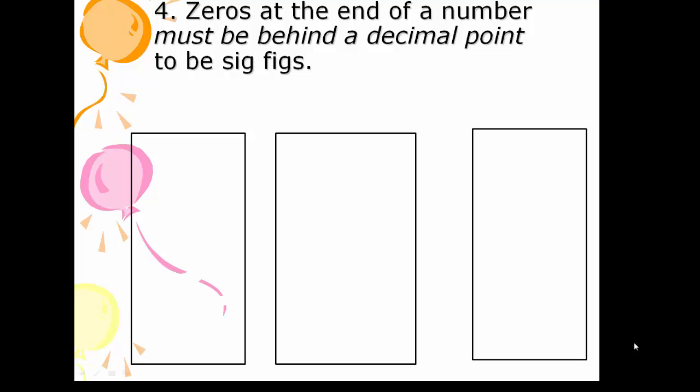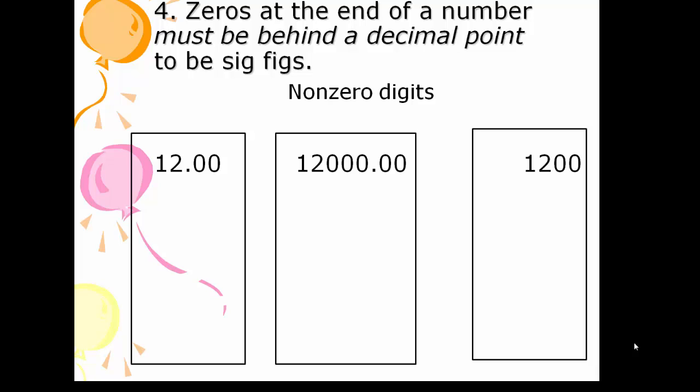Rule number 4 says that zeros at the end of a number must be behind a decimal point to be Sig Figs. These are our 3 numbers. We're going to look at each one individually. First of all, we're going to count the non-zero digits. In the first number, 12.00, there are 2 non-zero digits, therefore there are at least 2 Sig Figs.